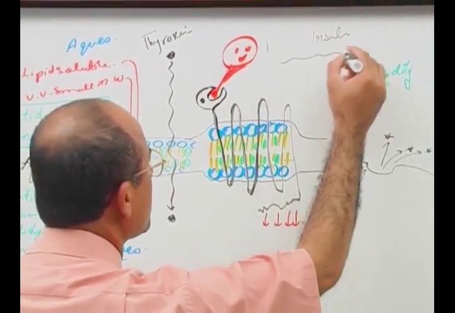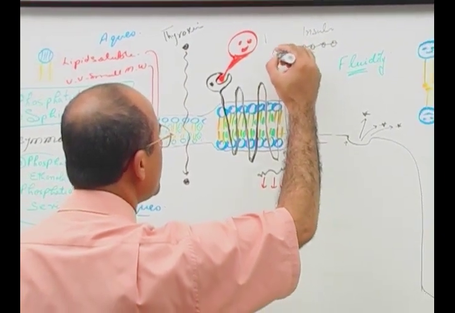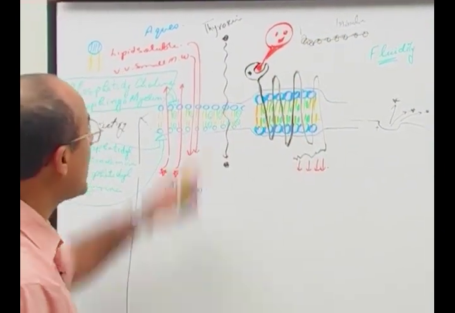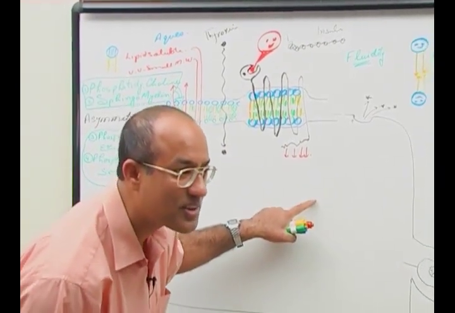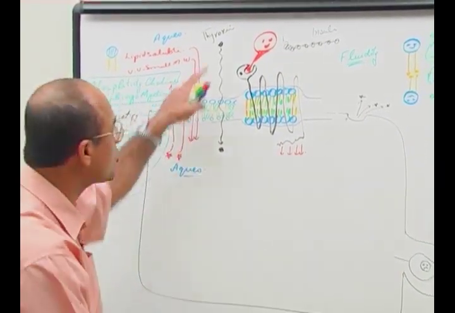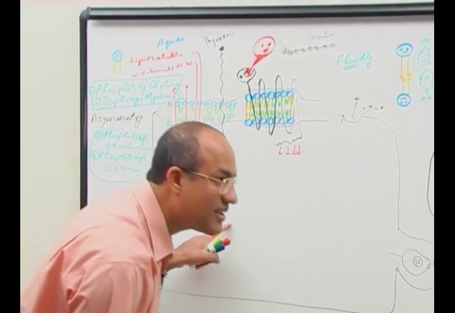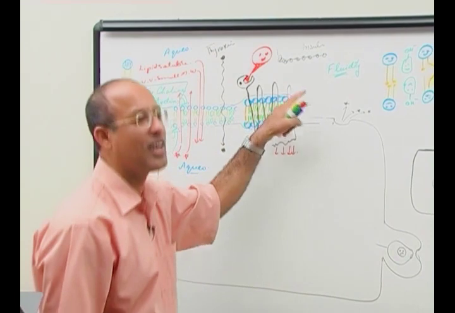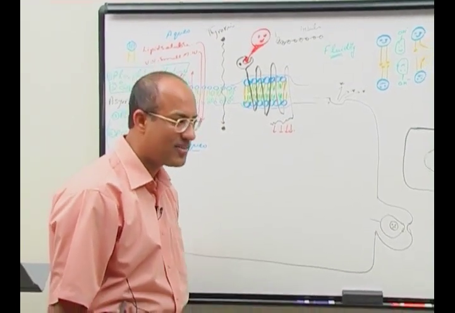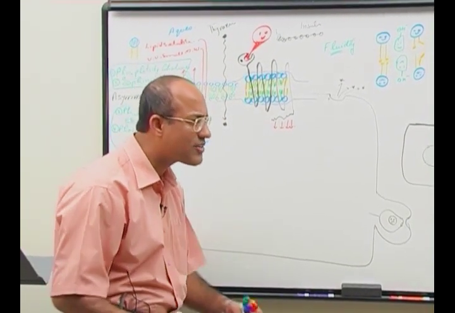Insulin is a very large molecule with a lot of amino acids. Now, thyroxine can go into the cell. Insulin cannot enter into the cell. So the receptor for thyroxine should be present inside the cell and the receptor for insulin should be present on the cell membrane. Am I clear?